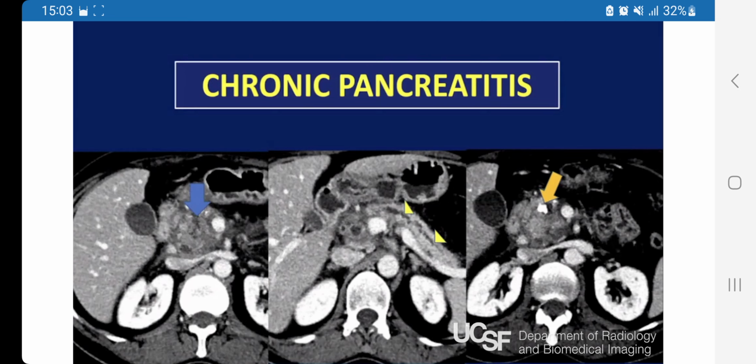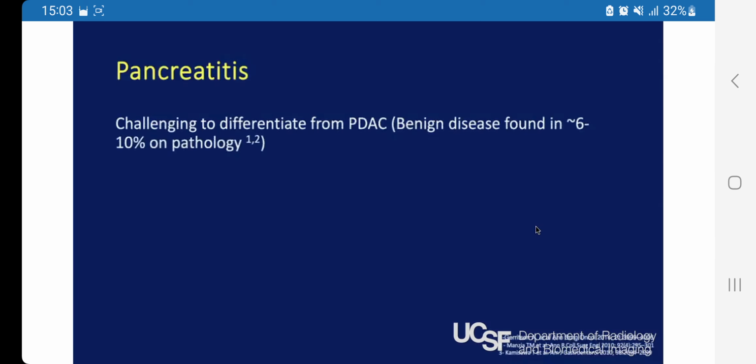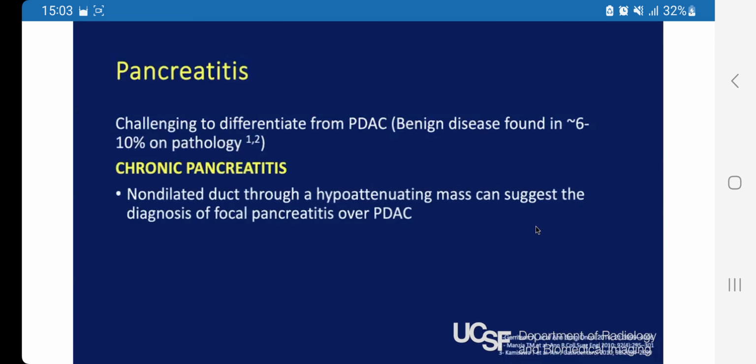Pancreatic cancer could coexist with chronic pancreatitis, and actually chronic pancreatitis increases the risk of it, but overall, it can also hide pancreatic cancer, so we have to be really careful when we are reading images of chronic pancreatitis. So overall, pancreatitis is a challenging diagnosis with regard to differentiation from PDAC.